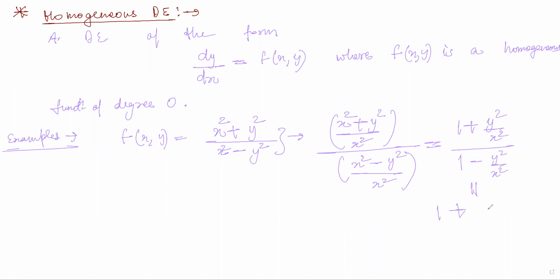See, I can make this function 1 plus y by x whole square and 1 minus y by x whole square. So now this whole equation is in the form of y by x. If I replace y by x with some other variable v, let's say this y by x is v, I'm left with 1 plus v square divided by 1 minus v square.